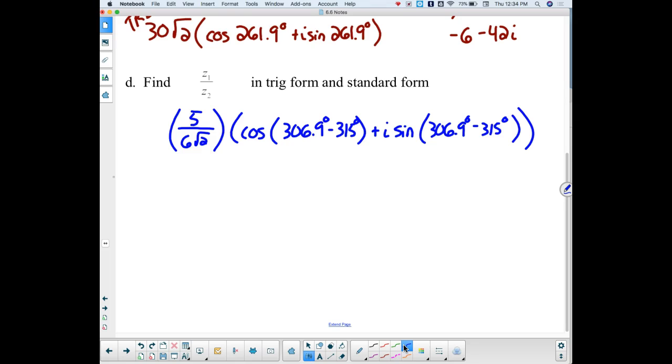Why not, Brooke? Yeah, we don't like the square roots on the bottom. So I'm going to multiply that one by the square root of 2 over the square root of 2. And then here I get negative 8.1 degrees.